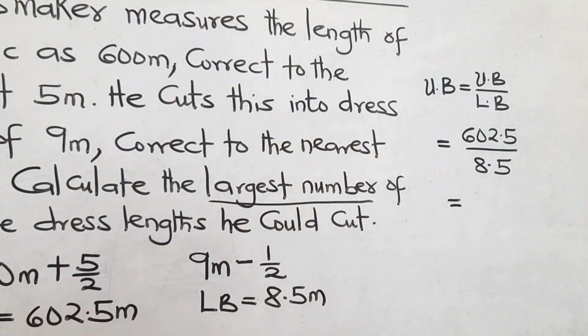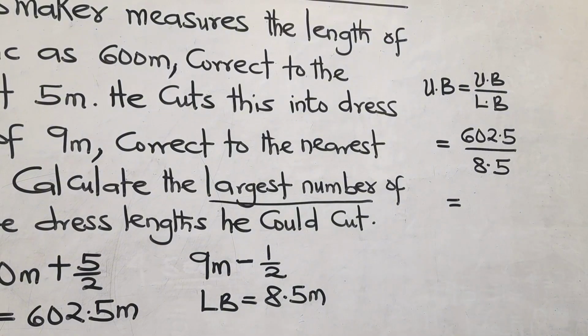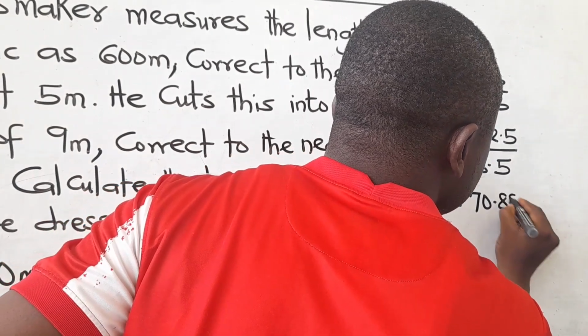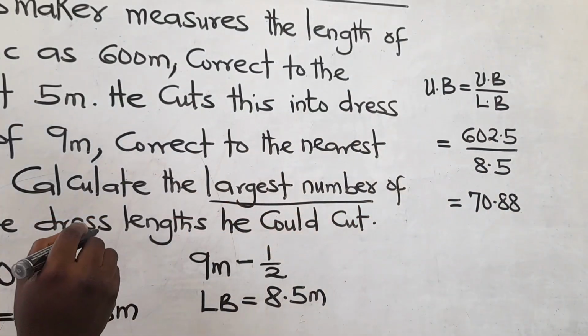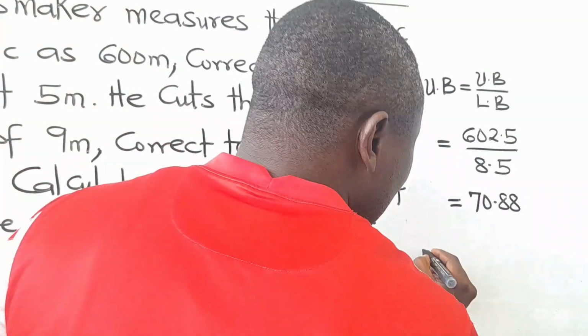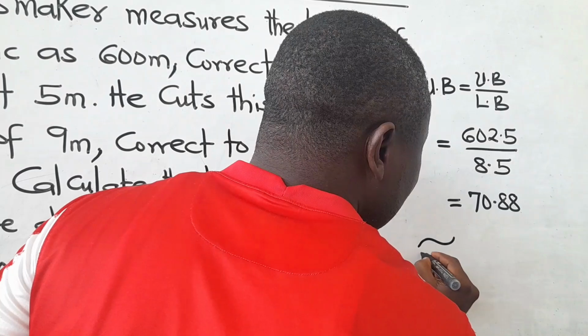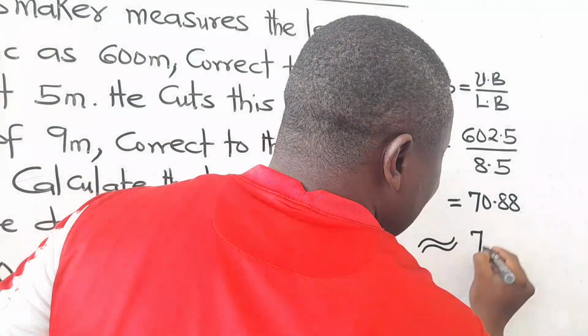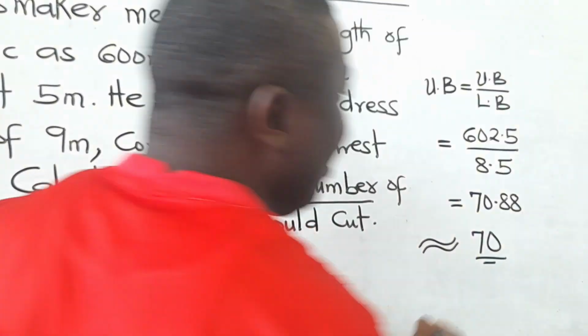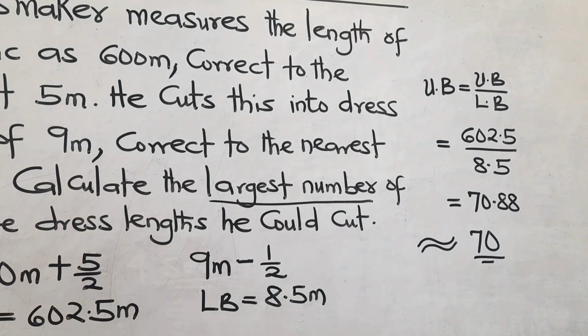So we will have 70.88. Since they say the largest number of complete dress lengths, complete, we take the floor value, which is 70 dress lengths. So this is our answer. That is our answer: 70 dress lengths.